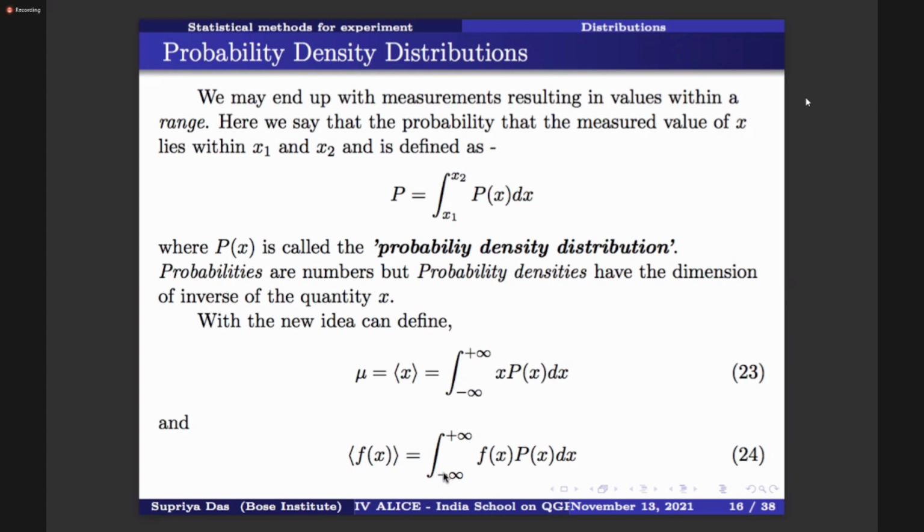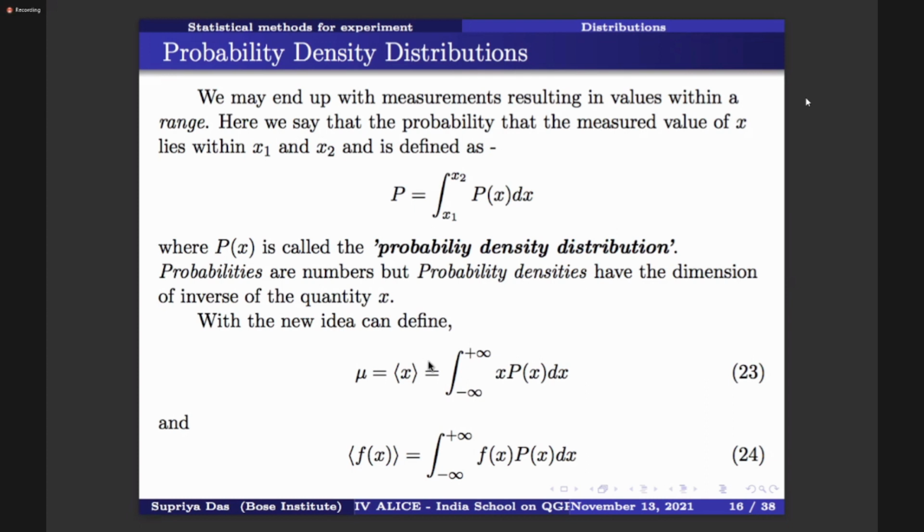That is integral of minus infinity to plus infinity x p(x) dx. Okay, so you are taking the entire range. You are free to do a range division, but here if you have to calculate the central value, which is the average, you have to take the entire data sample, whatever is available to you. That is why we have taken a general integral minus infinity to plus infinity x p(x) dx.